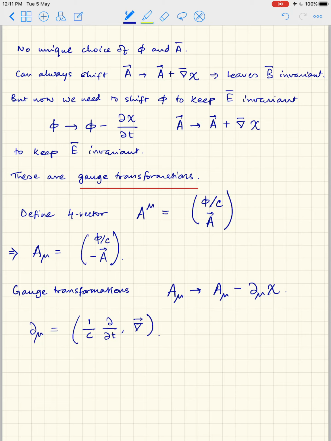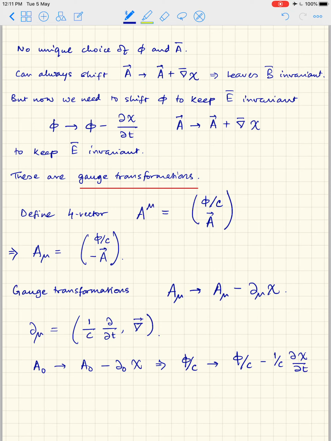As you see, if you're looking at phi over C, so if you're looking at A naught, let's just rewrite this. So A naught goes to A naught minus del naught chi. So this essentially means A naught is phi over C. This goes to phi over C minus del naught, which is 1 over C del chi del t.